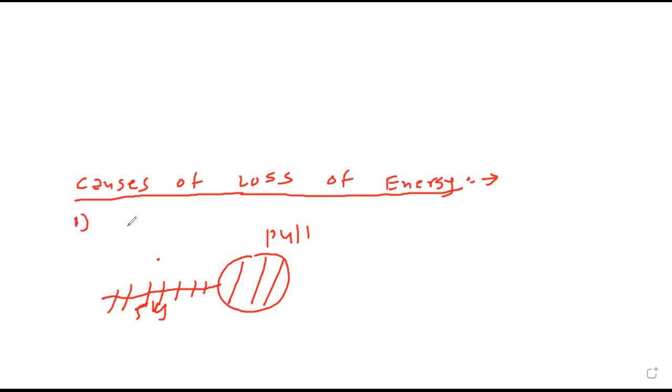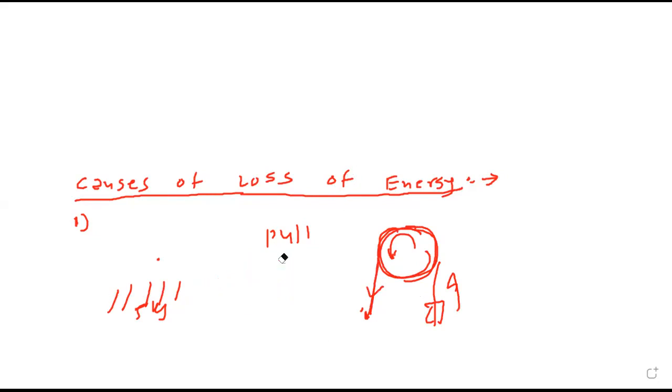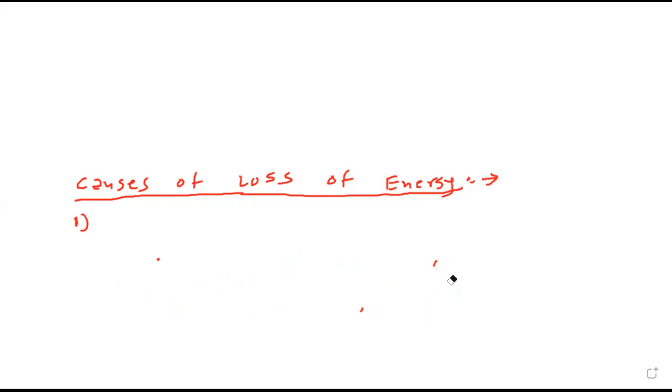So what are causes of loss of energy? First one, suppose this is a pulley. It doesn't rotate quickly, so I have to apply force to rotate it. So unnecessary energy went into rotating it because it is rough, more friction. If it were smooth, it would rotate easily by pulling and the body would be lifted up. So if moving parts are heavy, string is heavy, then our input will not come as output. Some will be wasted. If a student has not studied ninth, then for the first 15 days I have to invest to teach him ninth standard.